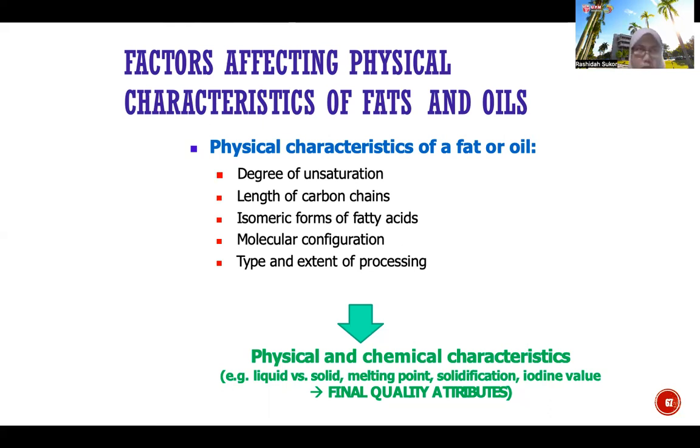Nomenclature. You have to see, because the lipid chain has the COOH part and the methyl part, CH3. So before you name the lipid, you have to see which carbon you start with.